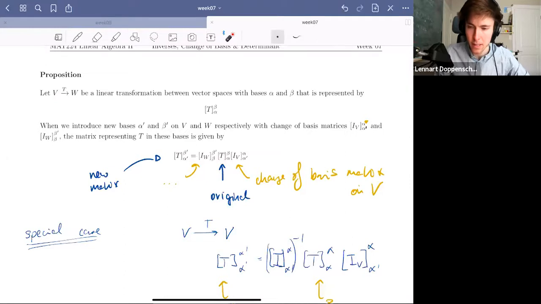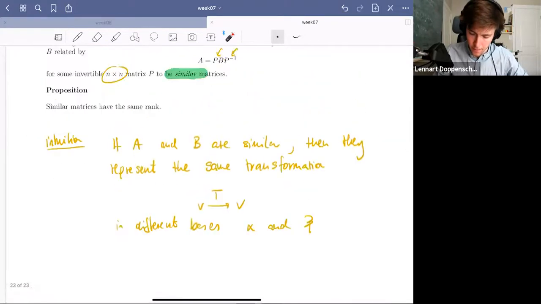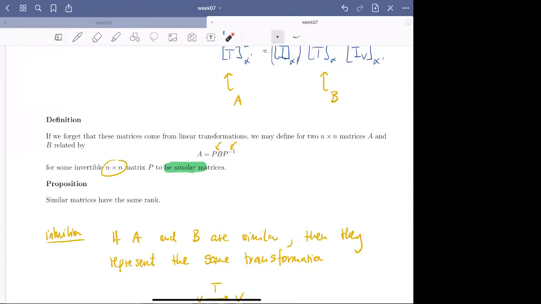And the property of being similar is carried by these two matrices. So this will be the P in the definition below, where B, the one matrix, has to be multiplied with P and P inverse in order to be equal to A. Oh, okay. Yeah. Thank you.